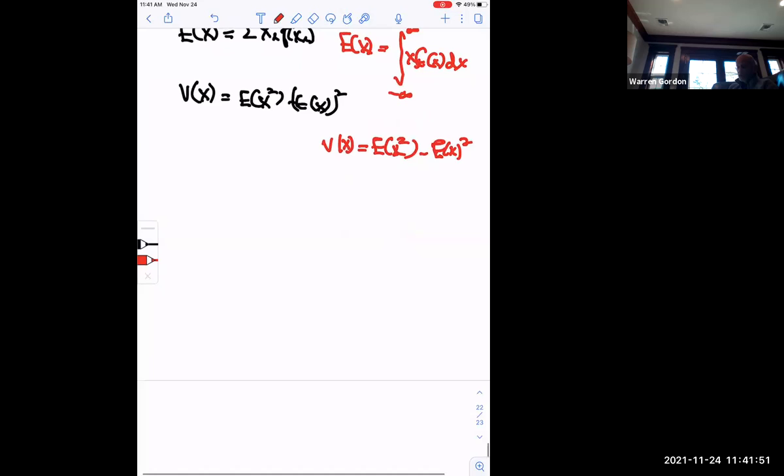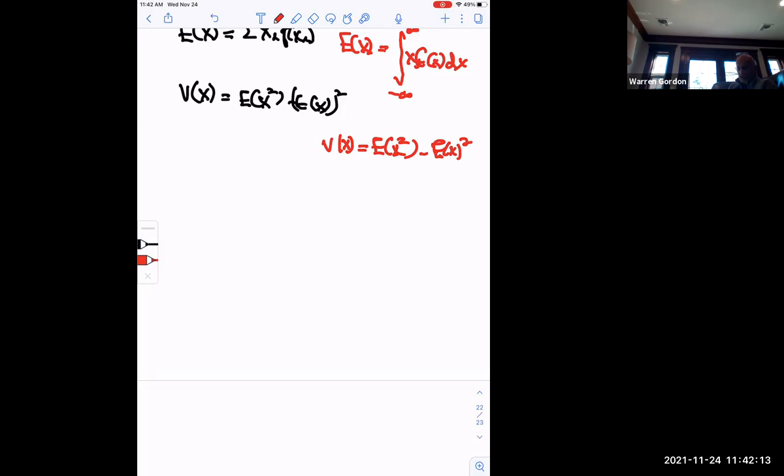Now, let me just give you one more example. When I talk about a continuous random variable, I'm talking about continuity with respect to the range. It's possible for the function itself not to be continuous.